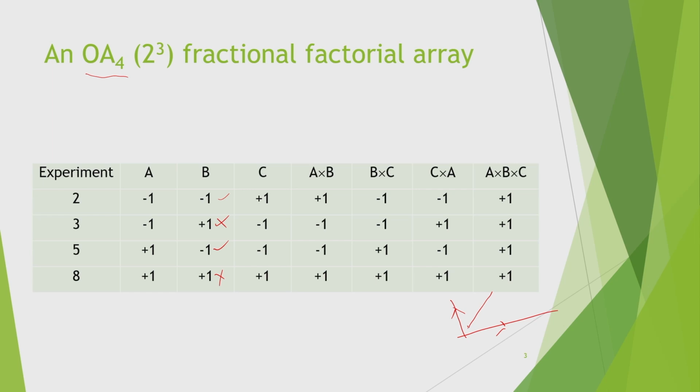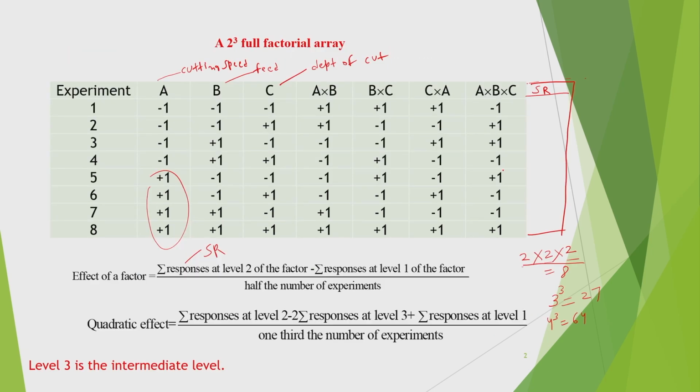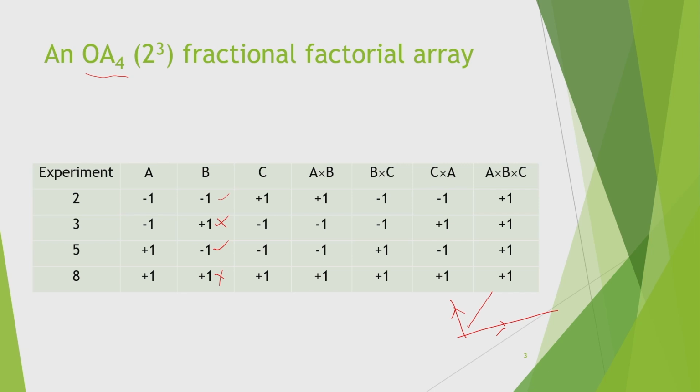So how did we decide that I can make even 4 experiments? We noted that suppose ABC is +1 +1. If we think that all 3 factors interact in a very insignificant way, that means it is not our target to study A into B into C. In simple words, your formula can be made as Y equal to C1 times A plus C2 times B plus C3 times C plus C4 times A cross B plus C5 times B cross C plus C6 times C cross A, but you don't have any term of ABC.